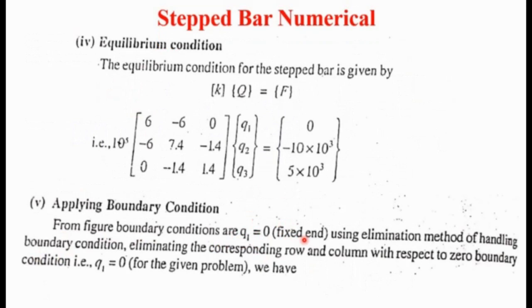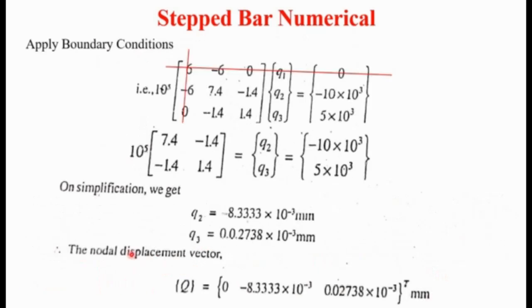After applying this boundary condition, we have to use the elimination method of handling boundary conditions, eliminating the corresponding row and column with respect to the 0 boundary condition. When q1 is equal to 0, we eliminate the first row and first column of the equation.